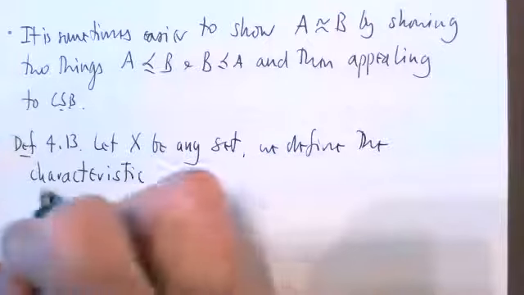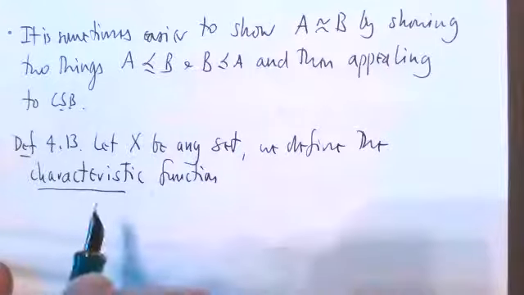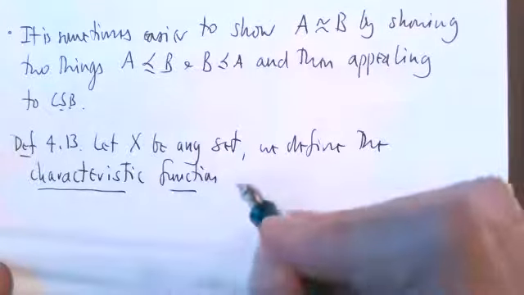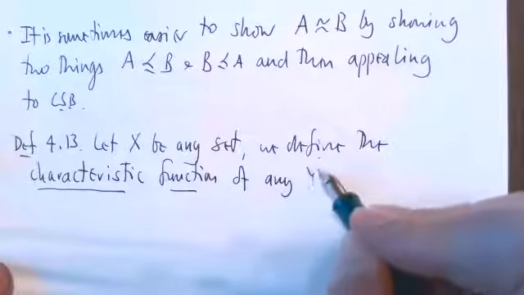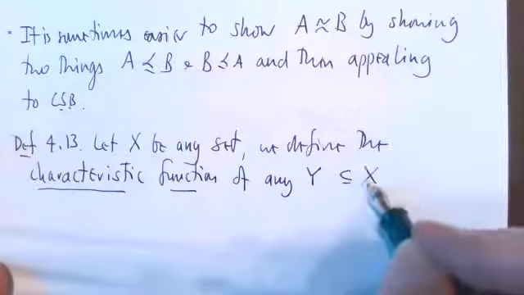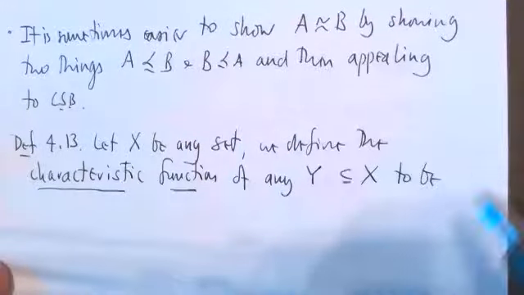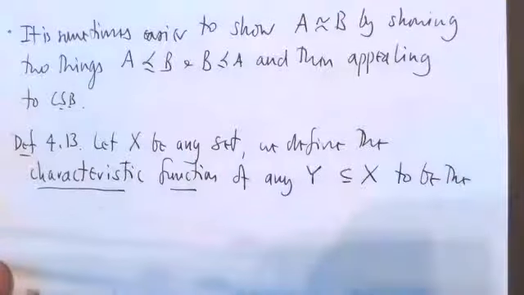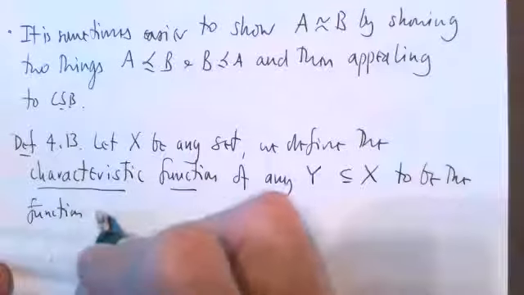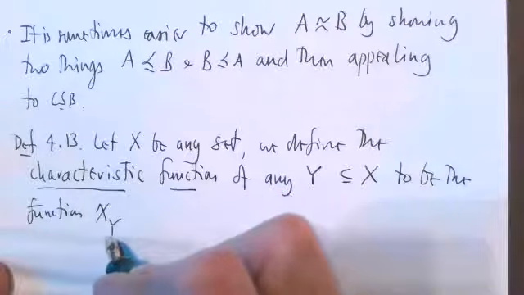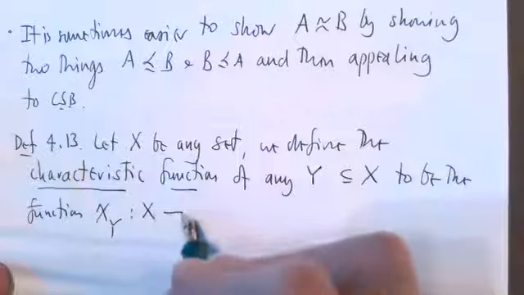Characteristic function of any Y, a subset of X here, to be the function chi of Y, and it takes X to 2.